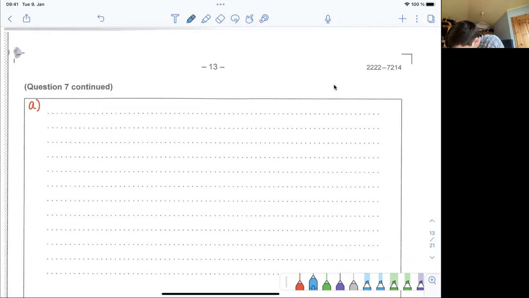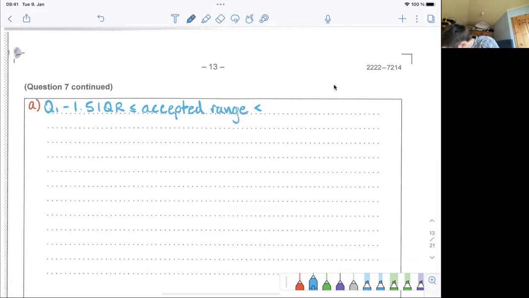And it is as follows: Q1 minus 1.5 times the interquartile range, IQR. We'll write accepted range here. And then the upper limit is the upper quartile, Q3, plus 1.5 IQR, which is the interquartile range.